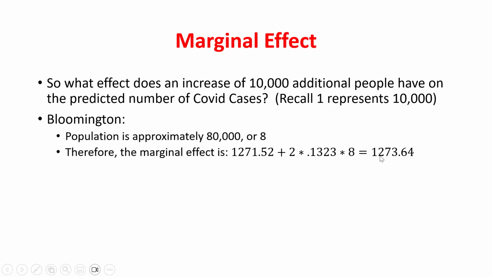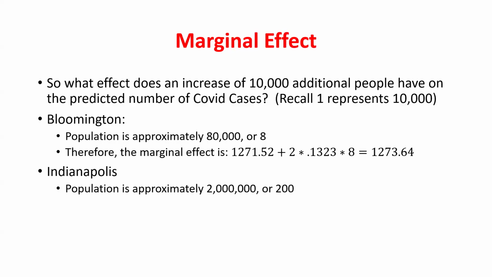Now, we said that because we have this squared relationship, that marginal effect is going to vary for different values of x, or different populations. So if I looked at Indianapolis, if they have a population of 2 million, and this is getting rid of the outskirts or the metro, for them that value of population, or x, would be 200.